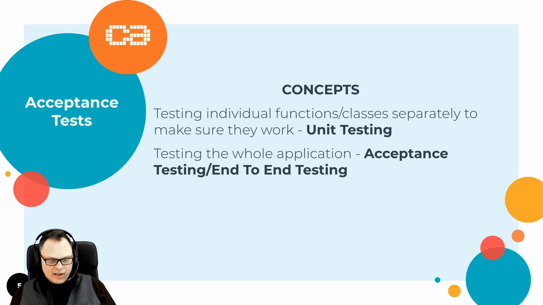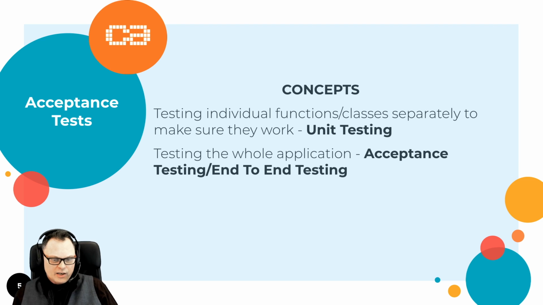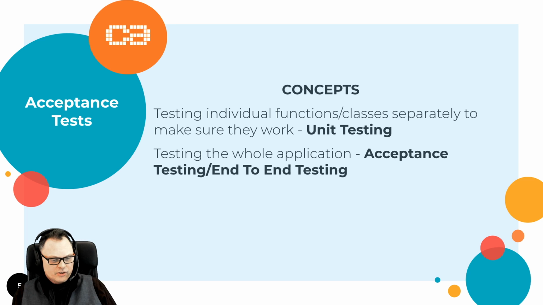I just want to say that the acceptance unit test cycle is also often referred to as outside-in testing, which means that we start with the outside, with how the user interacts, and then we test the inside later. It's just a different name for the same concept. Outside-in and acceptance unit test cycle is pretty much the same thing. But I think AUT, or acceptance unit tests, sounds cooler.